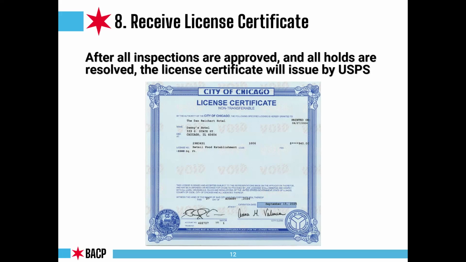If you wish, you can come in and pick up your license once confirmation that your license is ready or has been approved, or the license will be mailed via USPS to the mailing address, which more often than not is the business location.